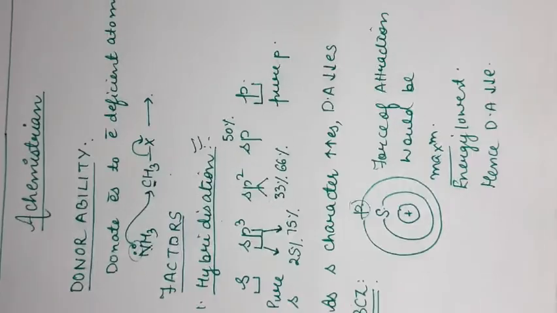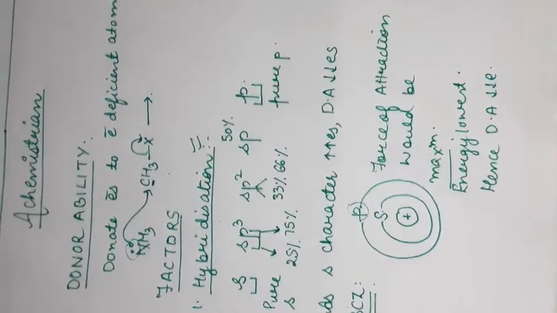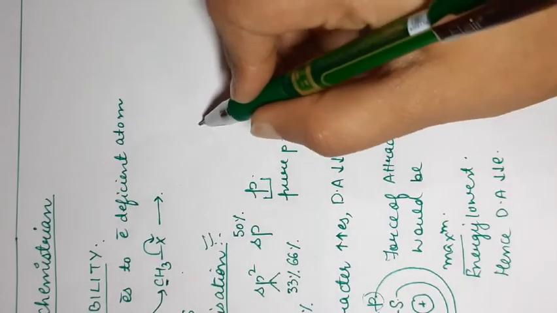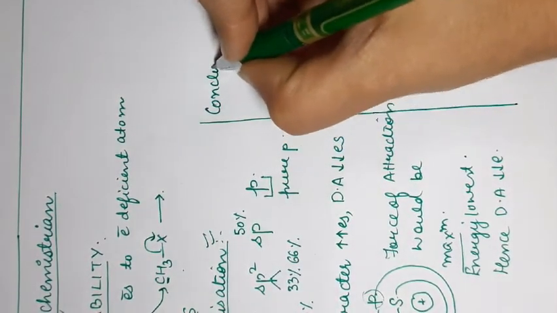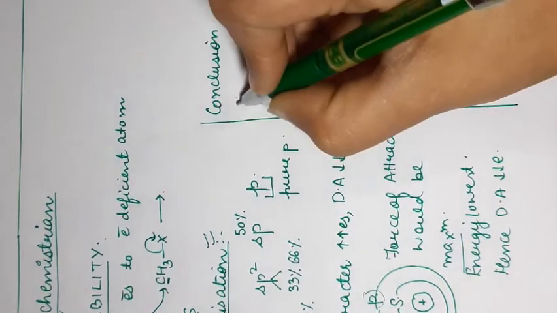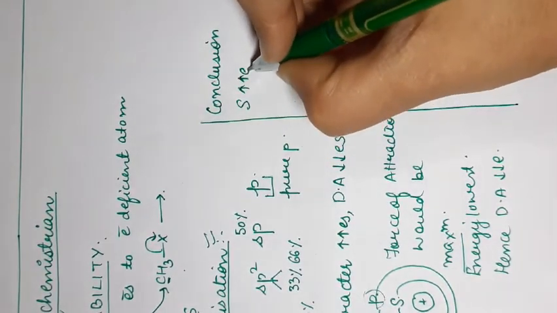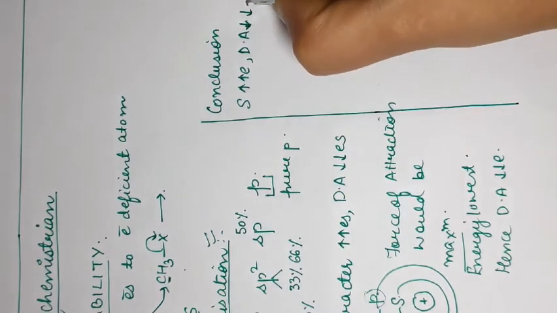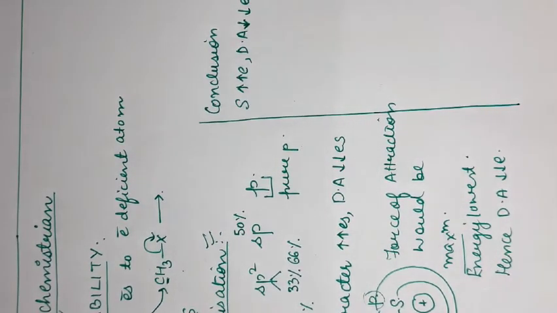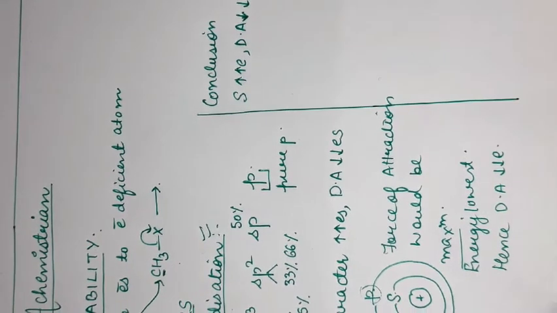So, from this explanation, we can easily come to a conclusion: as s character increases, donor ability decreases. Okay. Now, let me explain this with certain examples.